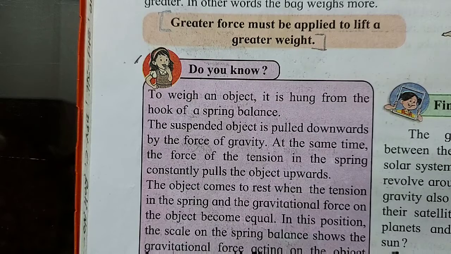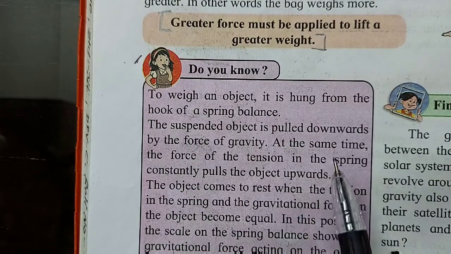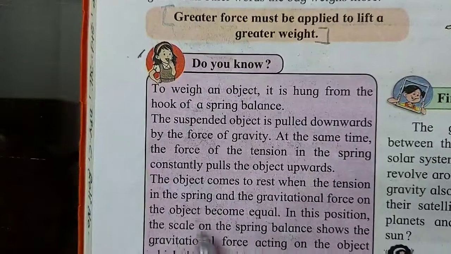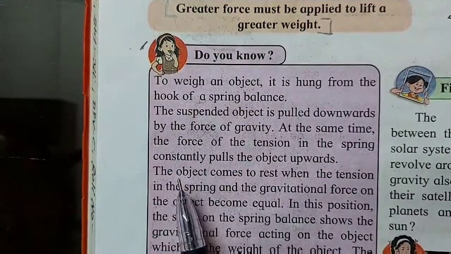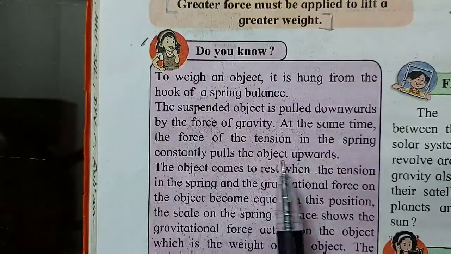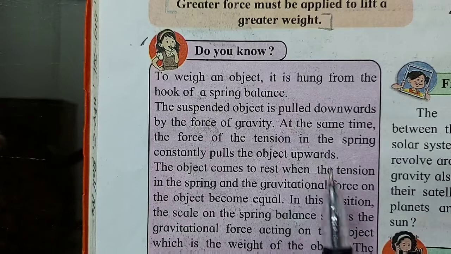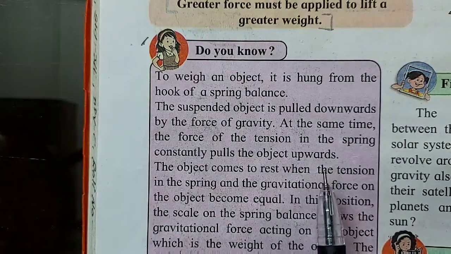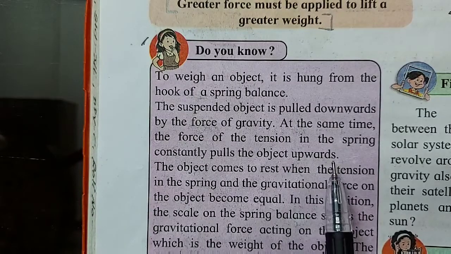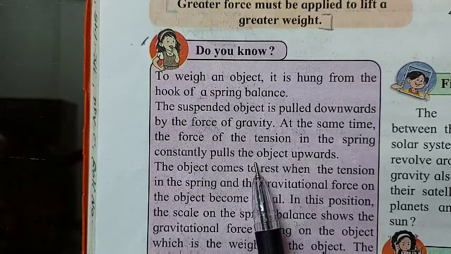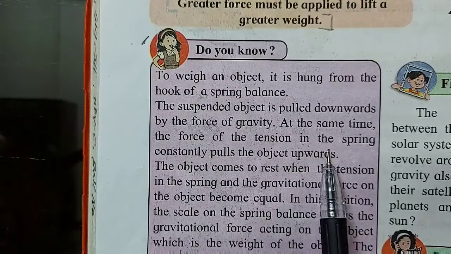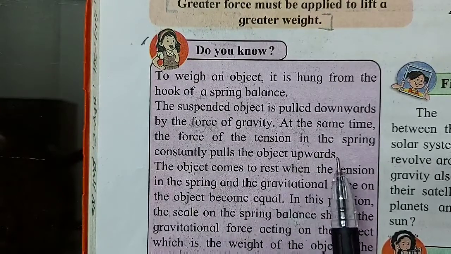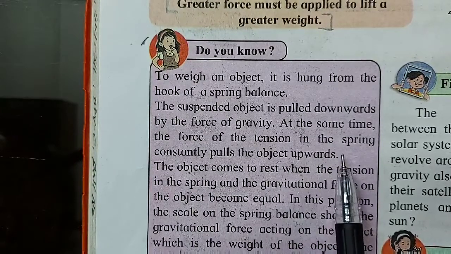The gravity of the earth is pulling the weight towards the earth. And the machine has one spring in that which constantly pulls the object upwards. Now you can see at the same time there are two actions. The spring is pulling the object upwards. Gravitational force is pulling the weight downwards.